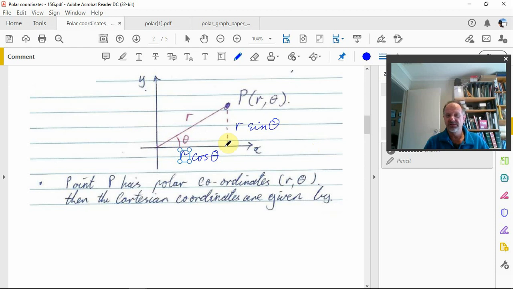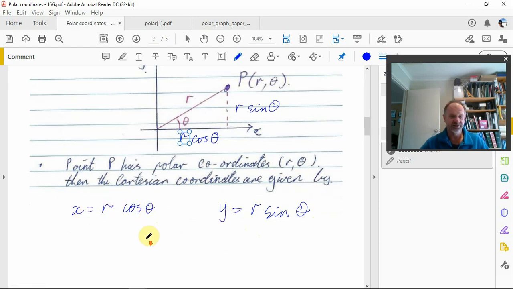This adjacent side running along the x-axis is the x value, so the x value in Cartesian is r cos theta, and the y value in Cartesian, because y is this way, would be r sine theta. So there's the relationship between polar and Cartesian.